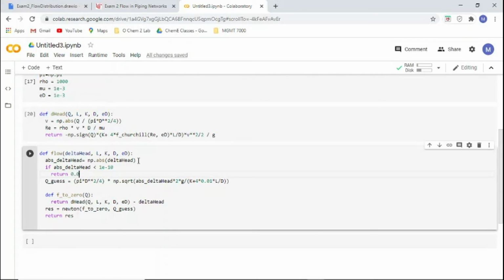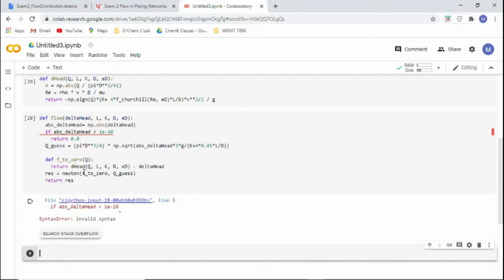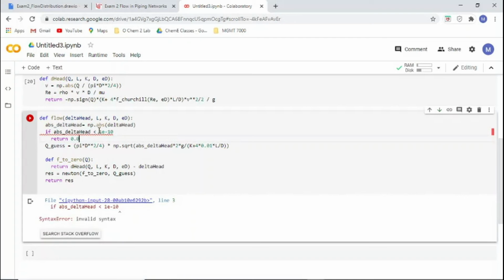So if the flow is equal to 0, or a really, really small value, or I'm sorry, not the flow, if the change in head is 0 or some very, very small number, it's going to return that the flow is 0. So we're going to go ahead and shift enter that. There shouldn't be spaces here.